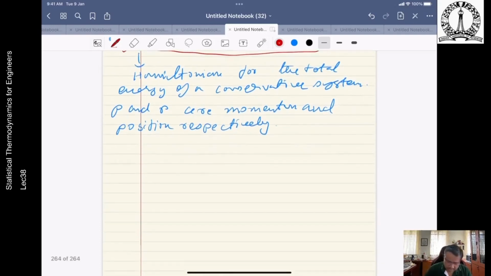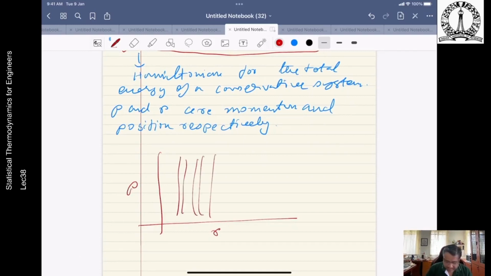This is p, this is r, and each cell is like dr, and then there is a dp.